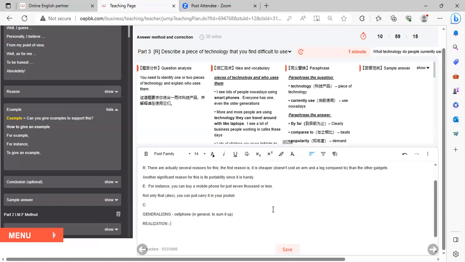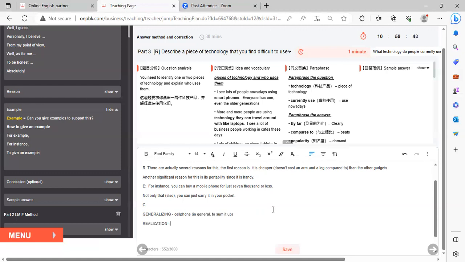It's just your realization about that specific topic. For example, the topic is technology. What's your realization about it? Let's say, technology is very helpful in our daily lives.